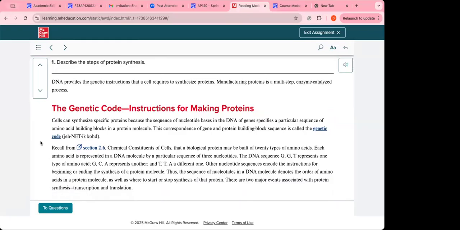Cells can synthesize specific proteins because the sequence of nucleotide bases in the DNA of genes specifies a particular sequence of amino acid building blocks.